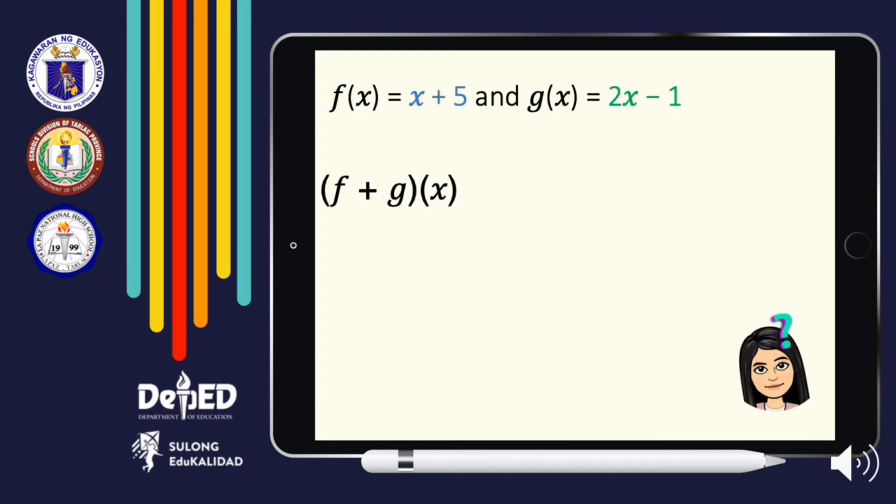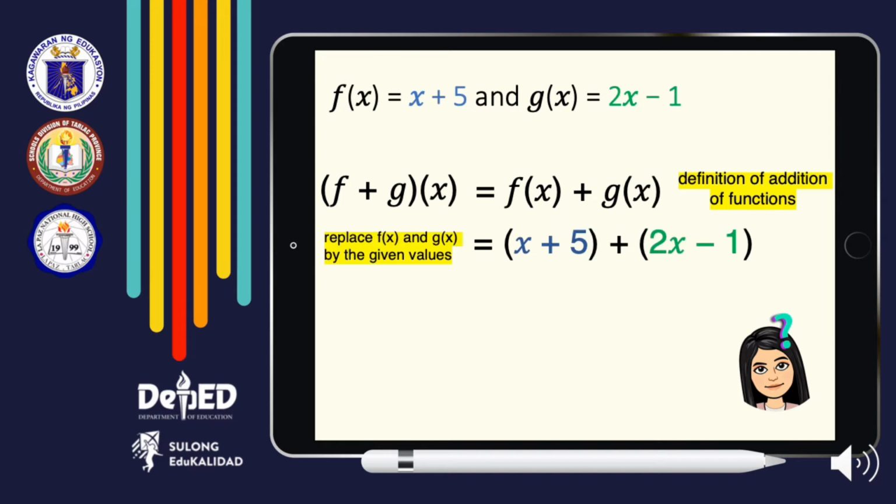Given f(x) = x + 5 and g(x) = 2x - 1, let us find (f + g)(x). First, let's apply the definition of addition of functions. So we have (f + g)(x) = f(x) + g(x). Next, replace f(x) and g(x) by the given values.